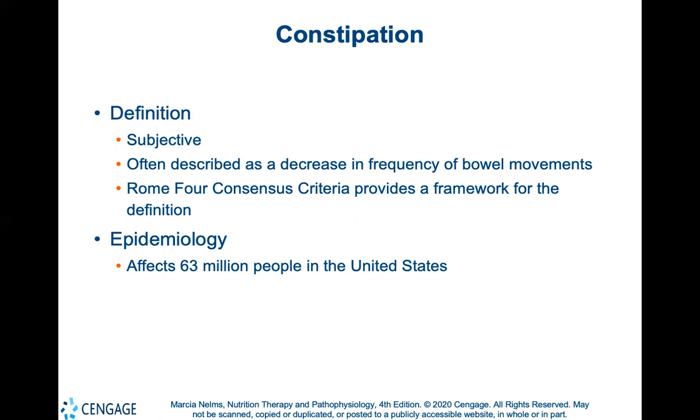These include straining during at least 25% of defecations, lumpy or hard stools in at least 25% of defecations, sensation of incomplete evacuation for at least 25% of defecations, sensation of obstruction or blockage for at least 25% of defecations, manual maneuvers to facilitate at least 25% of defecations, and fewer than 3 defecations per week.